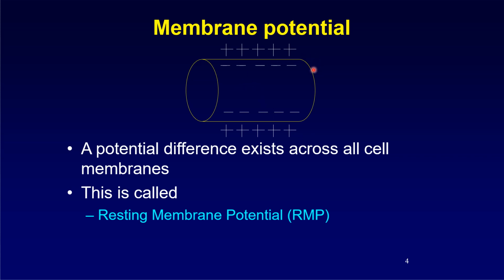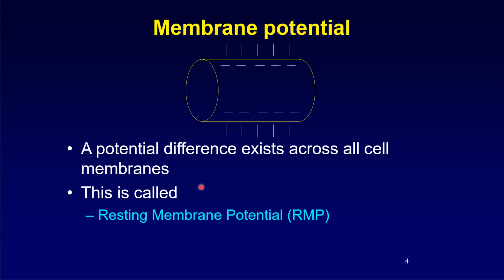The potential difference is called membrane potential as ions arrange themselves along the outer and inner surfaces of the cell membrane. At the resting state of the cell, it is called resting membrane potential, or resting transmembrane potential, or simply resting potential.